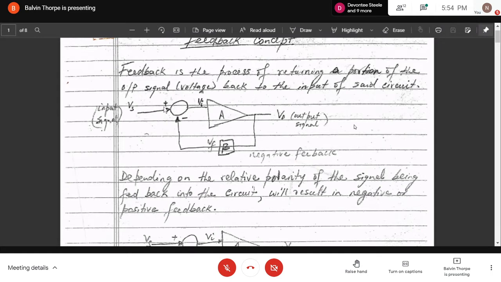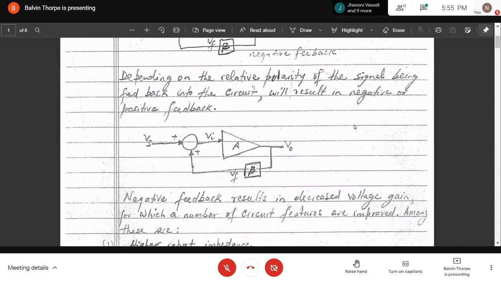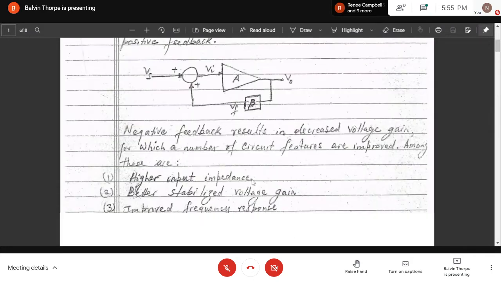The signal fed back is negative, which means that they are out of phase, right? Therefore we say that a circuit like this, when the feedback signal and the input signal are out of phase, is negative feedback. As compared to, let's say, figure 2, where you notice that the feedback signal and the input signal, Vs, are both positive, which means that they're in phase.